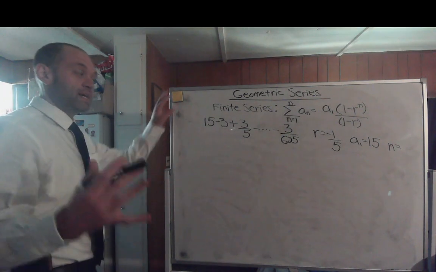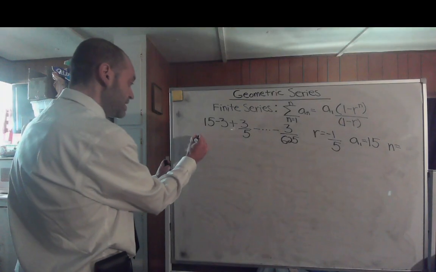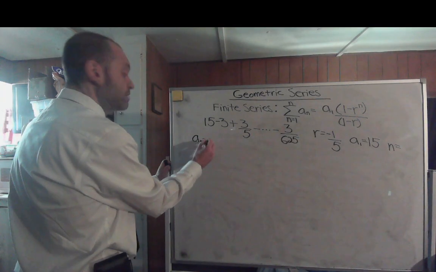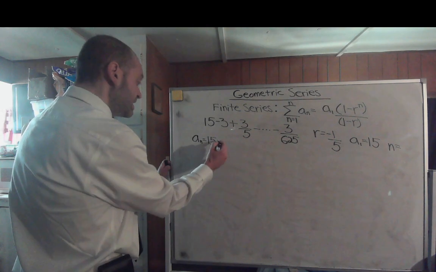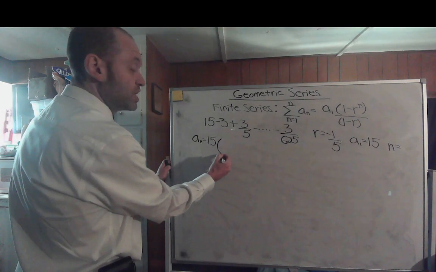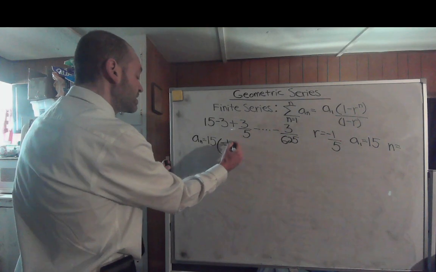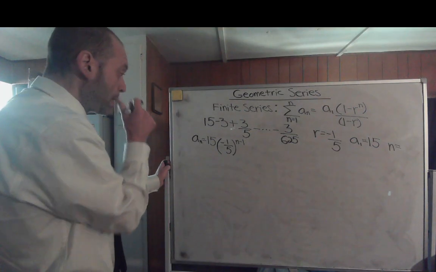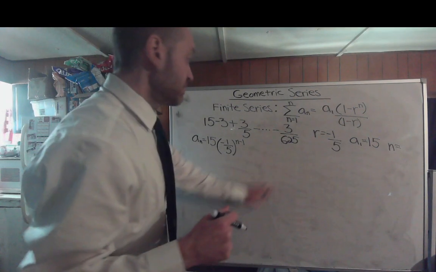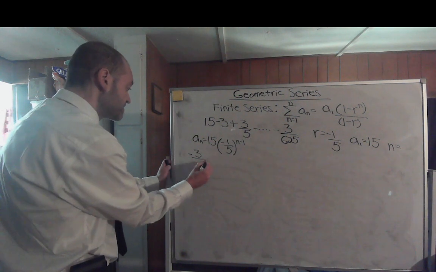Well, let's start by setting up the formula for the sequence. So a sub n would equal my a sub 1 being 15 times my common ratio of -1/5 to the n minus 1 power. Well, we know the final term is -3/625.